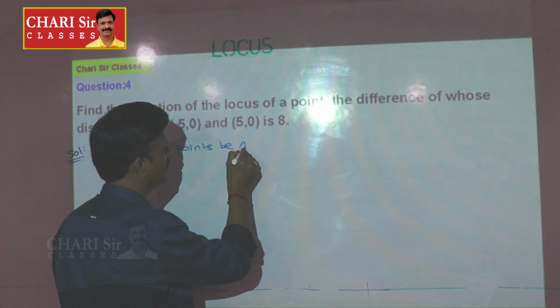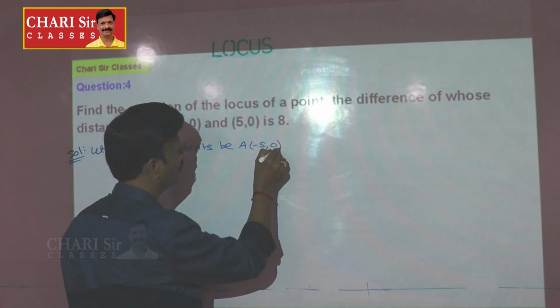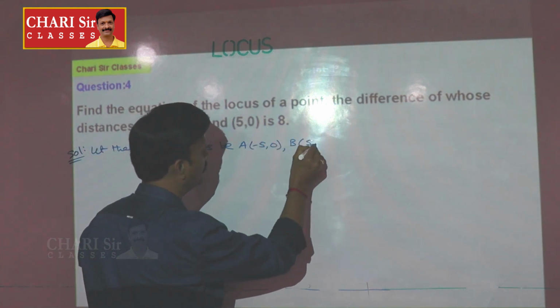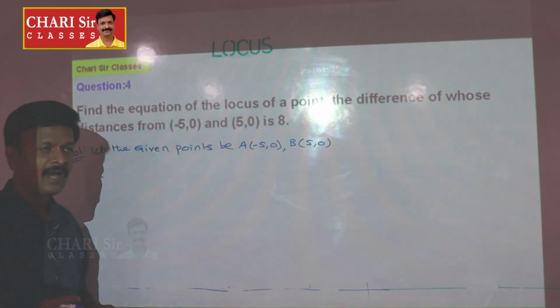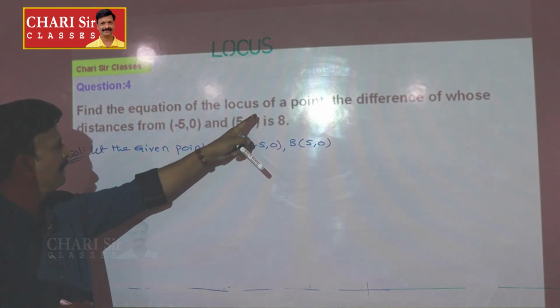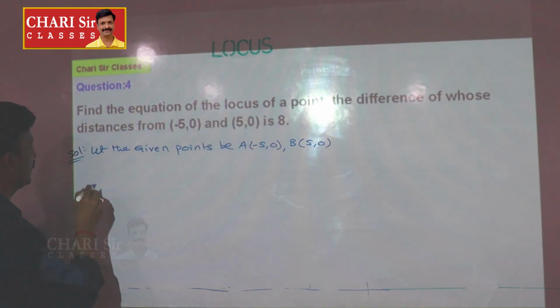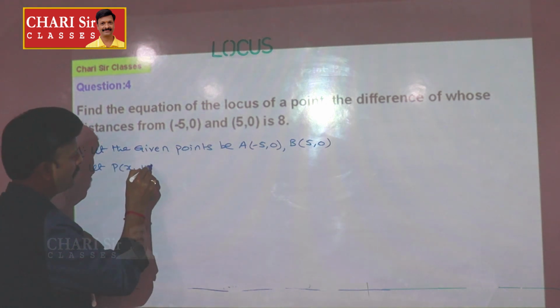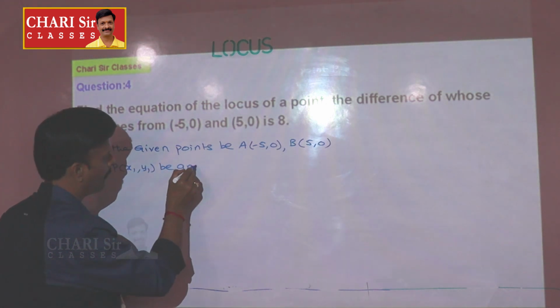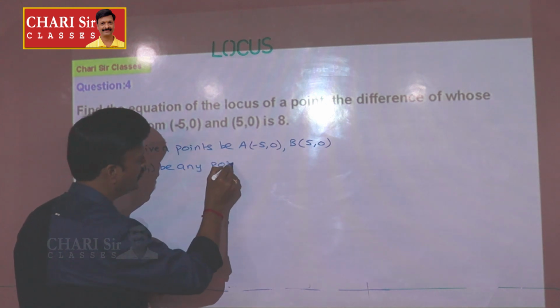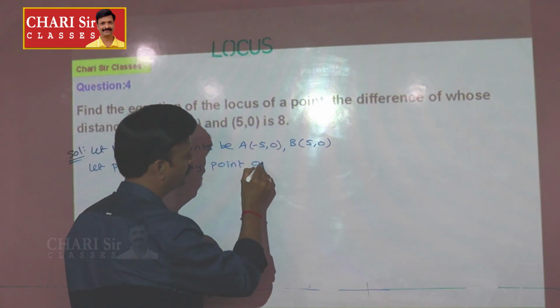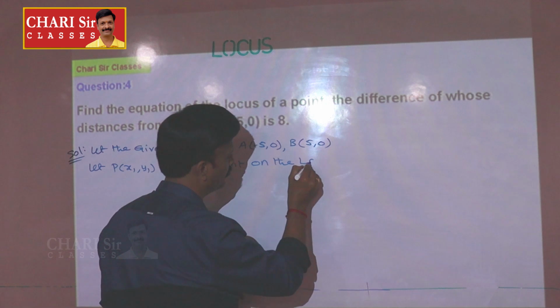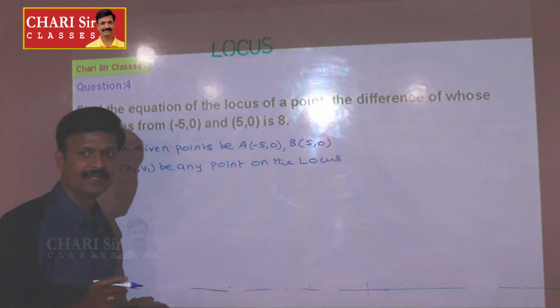First point we take as A minus 5 comma 0 and B 5 comma 0. And we need to assume a point P on the locus. So we can write, let P x1 comma y1 be any point on the locus.